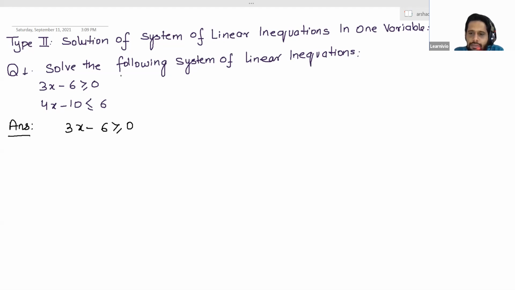Second is x is less than or equal to 4. Rishan, very good. Okay, second is x is less than or equal to 4. Very good. Then draw the number line.